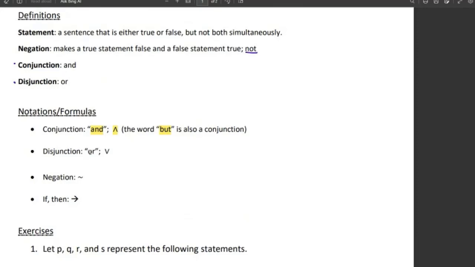And then disjunction, anytime we see the word or, we're going to use this symbol right here, the V. And then negation is represented with the squiggly. So I'm going to put the word not here. And then if we have an if-then statement, we can represent that with this arrow.